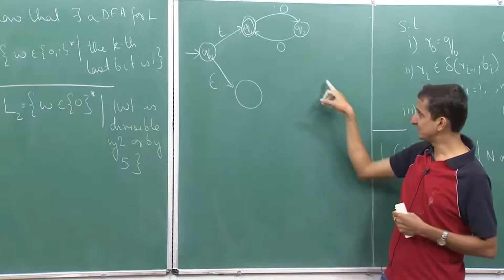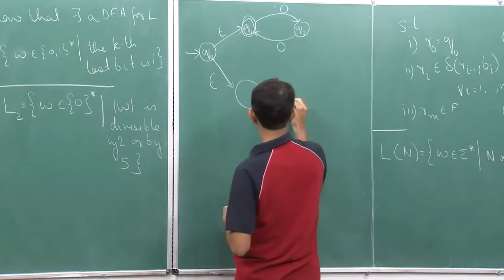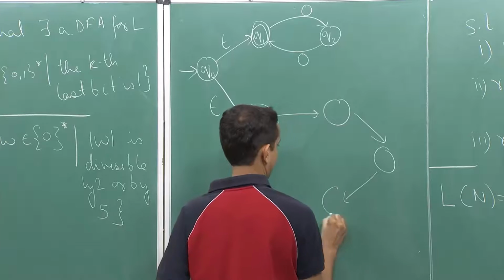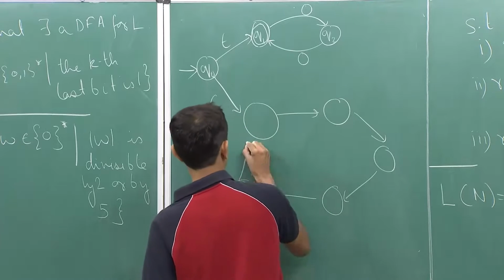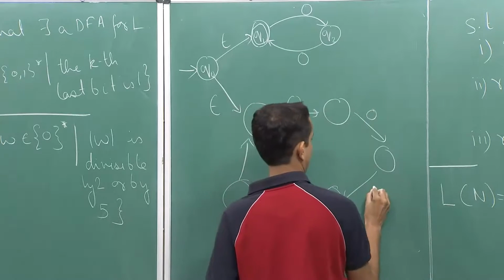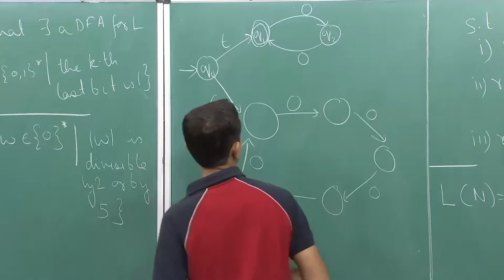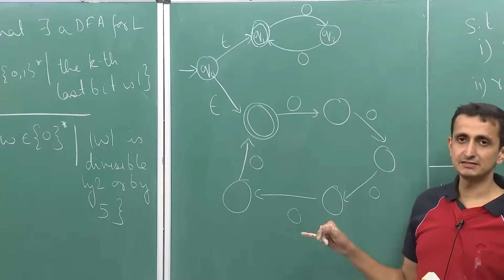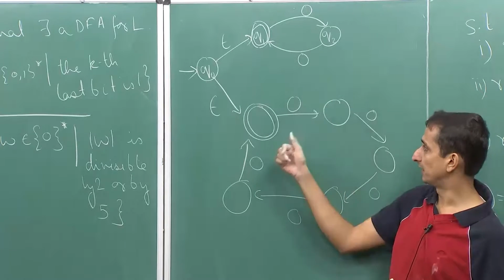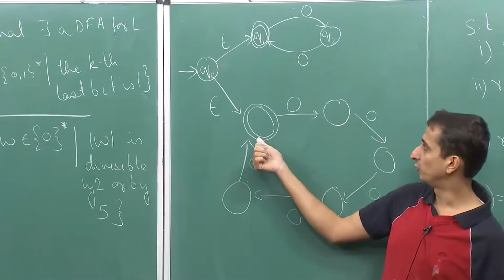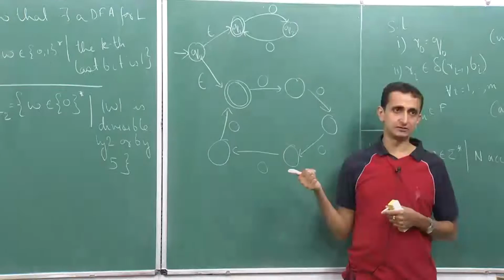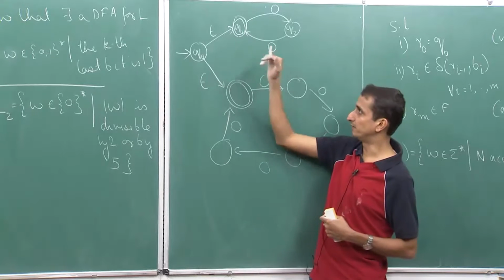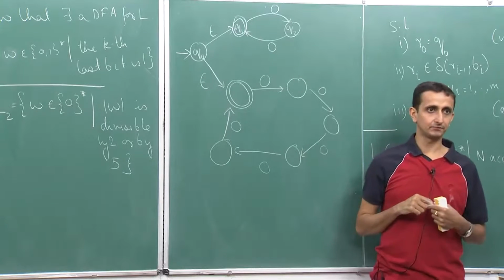In the second case I will basically have a 5 cycle, with this being the accept state that checks whether the number of zeros is divisible by 5 or not. If the number of zeros is divisible by 5, then it would end at this state, otherwise not. So, I am using epsilon transition to decide what I am going to check, whether divisibility by 2 or divisibility by 5.